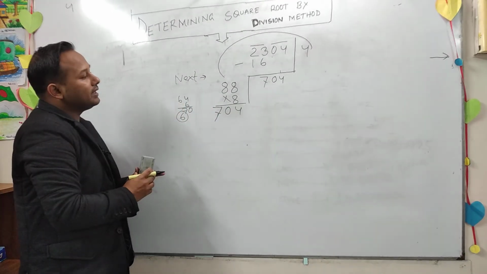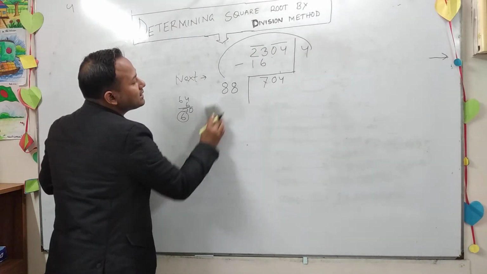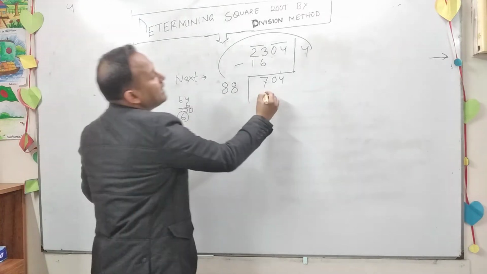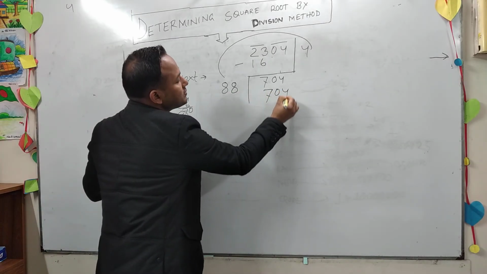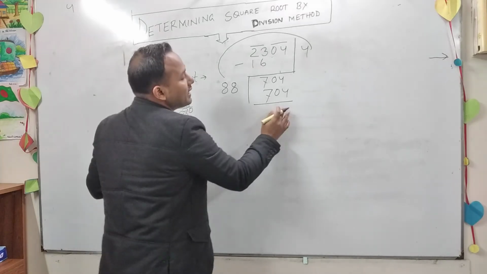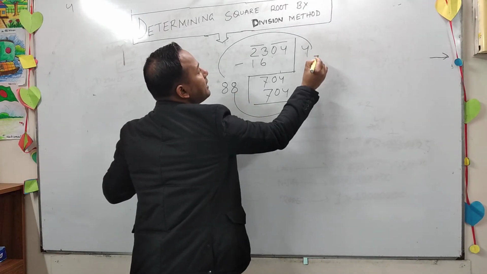Listen, one thing: we will never multiply here. We will just take this number, multiply and write it here, and then subtract, and nothing is remaining. So we will take this 8 here.